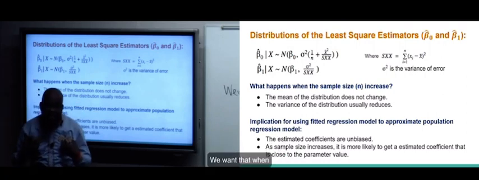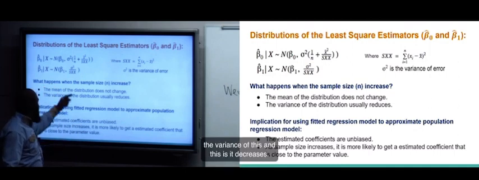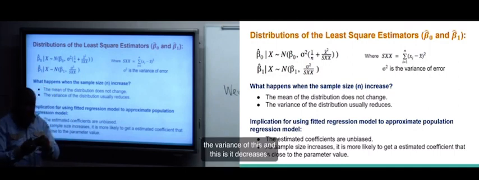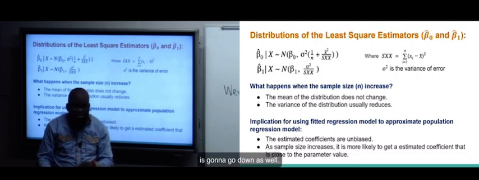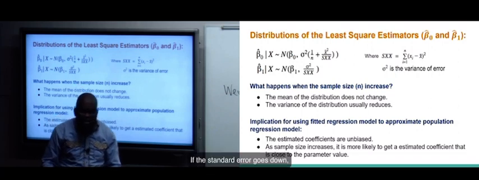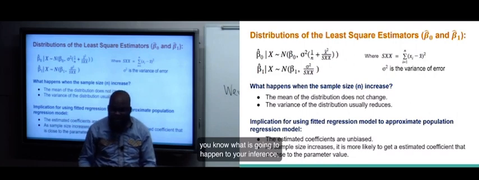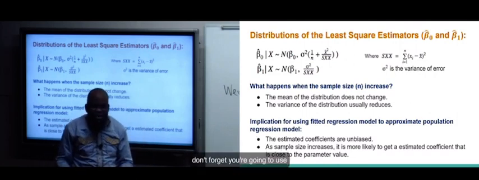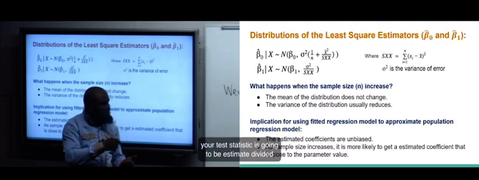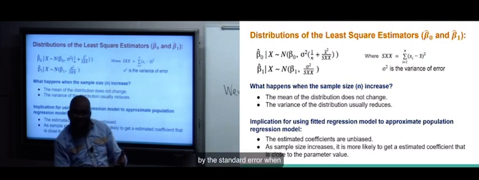We want that. When the variance of this decreases, you know what is going to happen to the standard error? It's going to go down as well. If the standard error goes down, you know what is going to happen to your inference, particularly when you are testing hypotheses. Don't forget, your test statistic is going to be the estimate divided by the standard error.